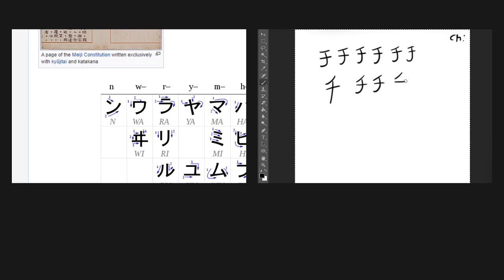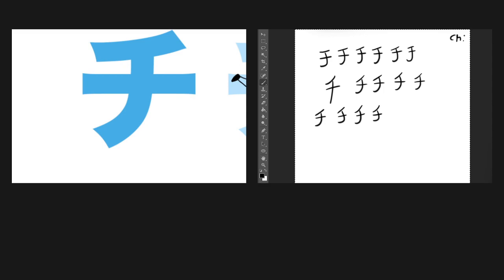I guess that helps you angle it instead of making them parallel. Chi, chi, chi. Okay, there's our chi.